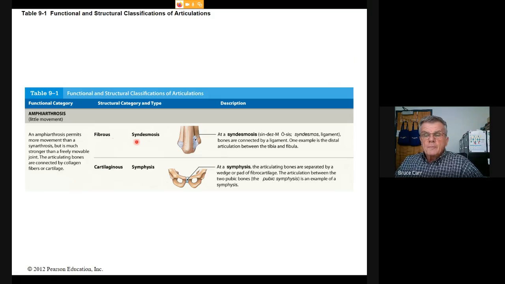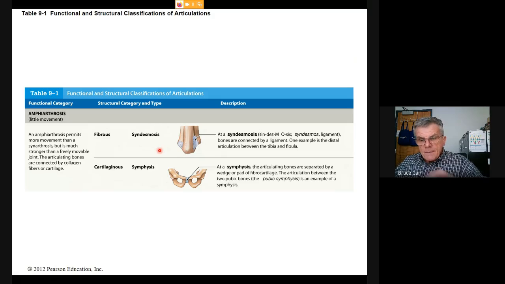A little movement. Where do we need a little bit of movement? Well, this joint that is shown here is the distal articulation between the tibia and the fibula. This is what's forming that joint with the talus, the hinge joint that basically connects the foot through the ankle to the lower leg. And we make this joint out of two different bones.